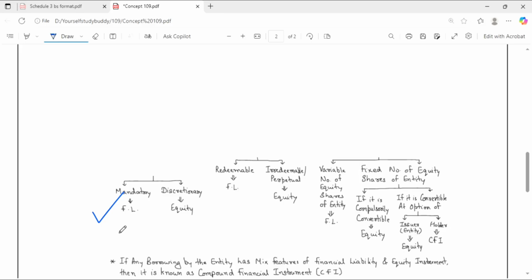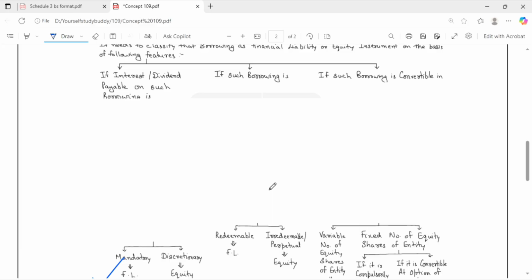But suppose it is of a discretionary nature. So I have issued a debenture and I also have to pay interest on it, but the nature of that interest payment is discretionary. Discretionary means if I feel like it, I will give you interest, and if I don't feel like it, I will not give you. So that type of interest we are going to show as equity.